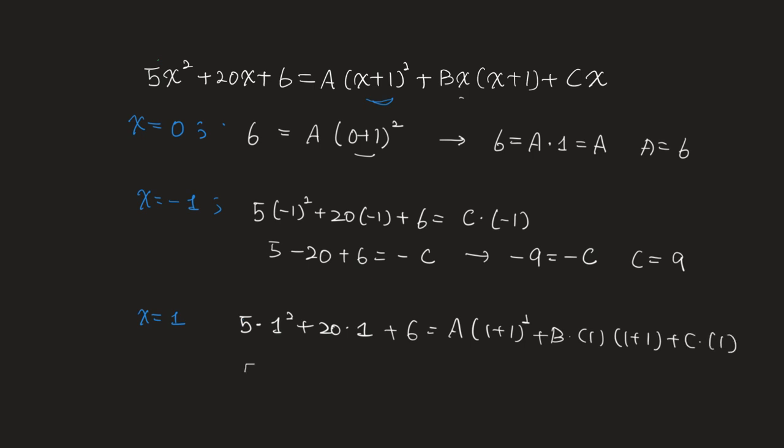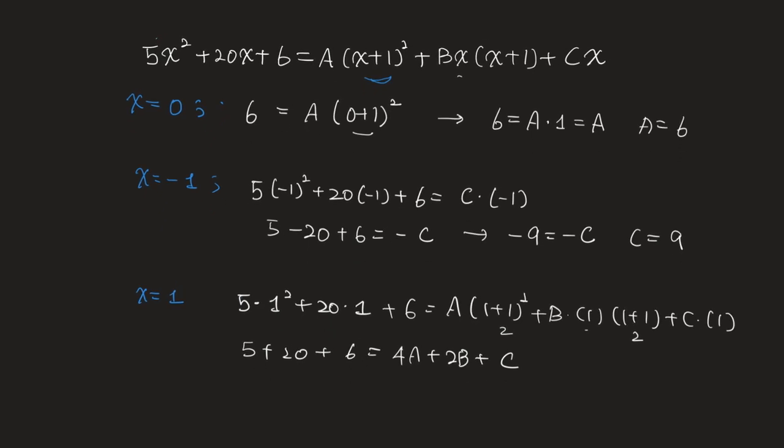The left side is 31. On the right side, 1 plus 1 is 2, 2 squared is 4, so 4A plus 2B plus C. You already found the A value and C value, so you plug them in: 4 times 6, 2B, and C equals 9.